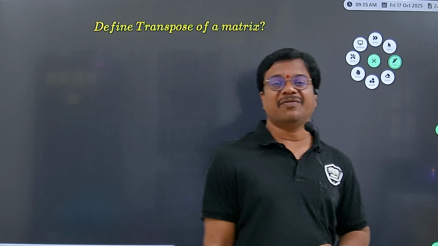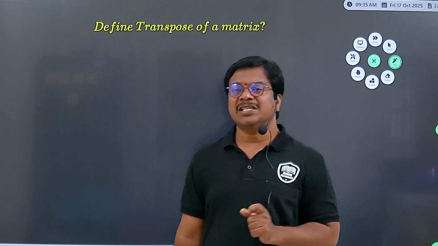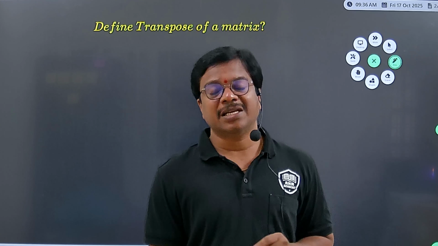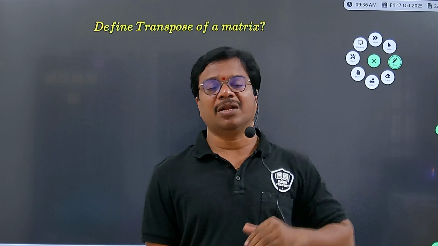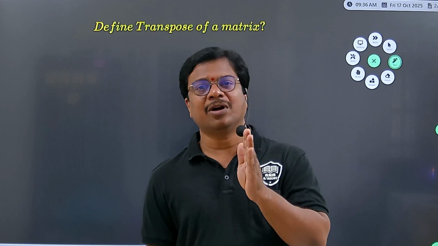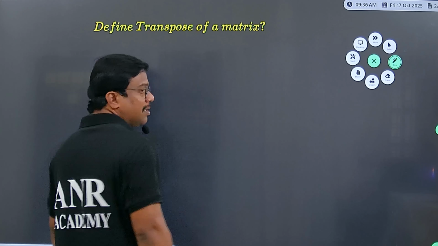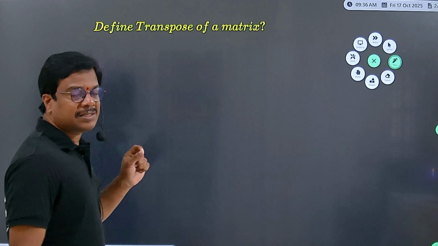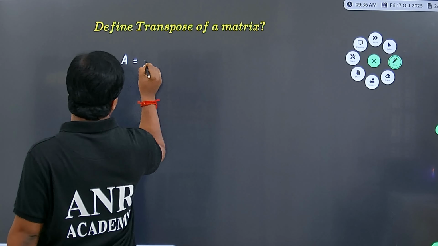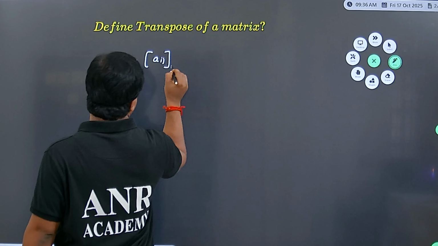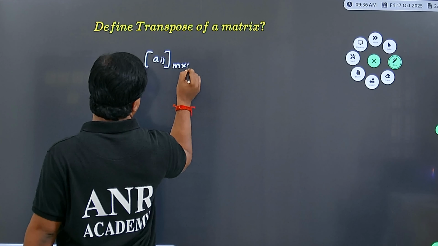Define transpose of a matrix. Transpose means just you have to interchange rows and columns. That is, rows into columns, columns into rows. Here, A is a matrix of any order. Suppose A equal to A of ij of order m cross n.